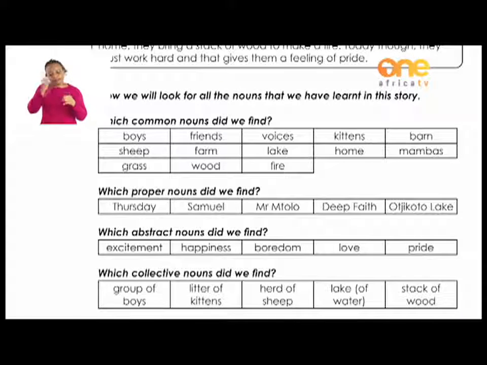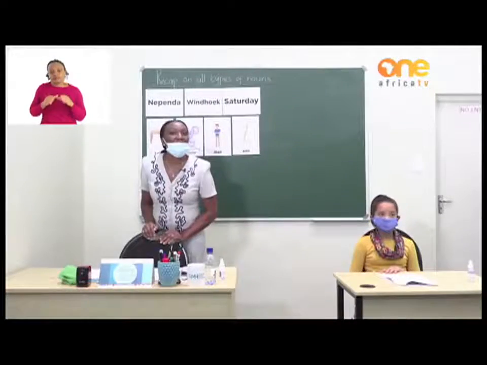Moving on to the next one. Collective nouns. Chanel, what did we find in the story? We found group of boys, litter of kittens, head of sheep, lake of water, stack of wood. Hooray! Let us move on to the next page.